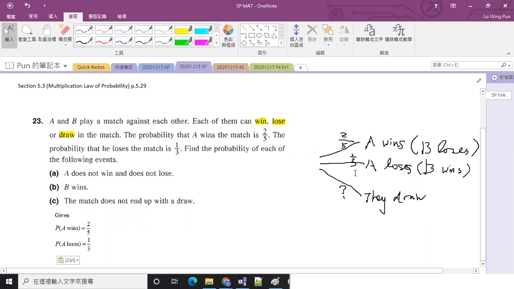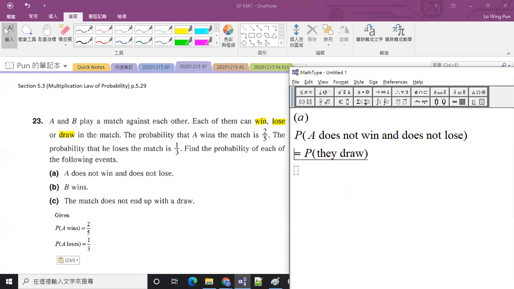These three outcomes are already everything. So the sum of the probabilities of these three events must be equal to 1.